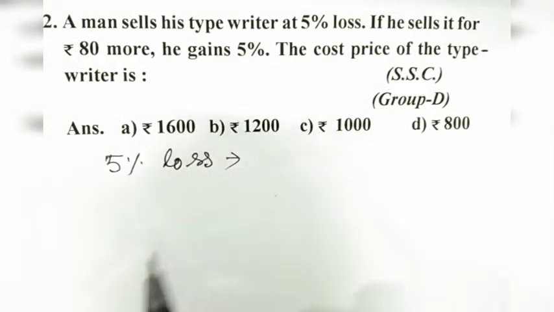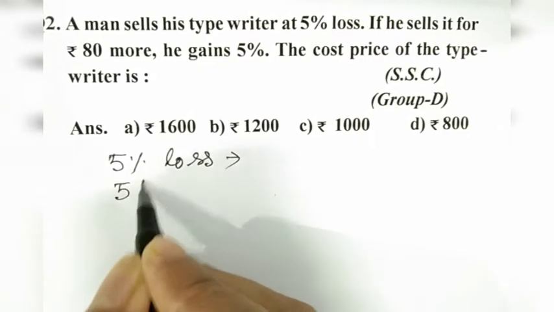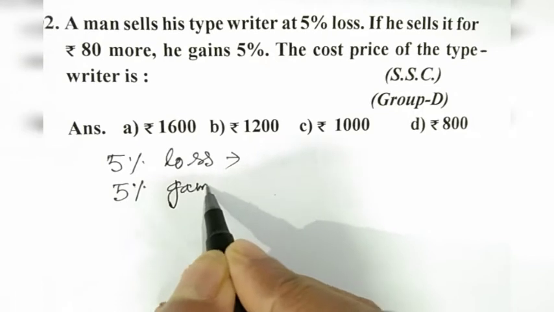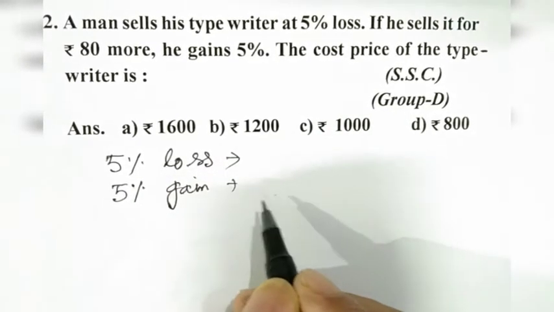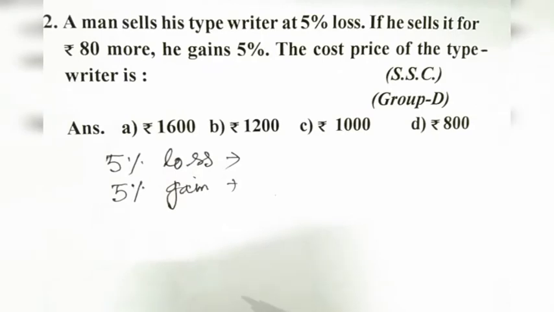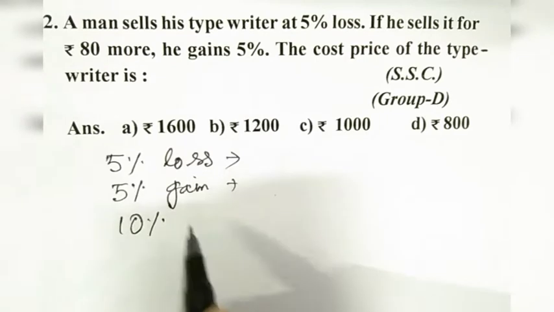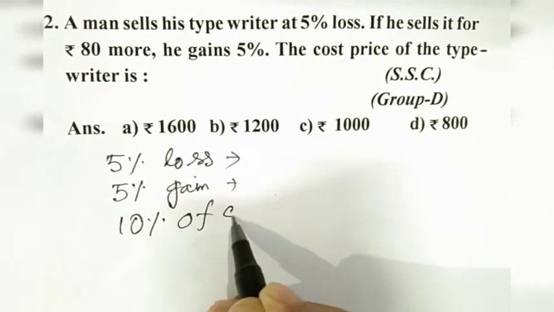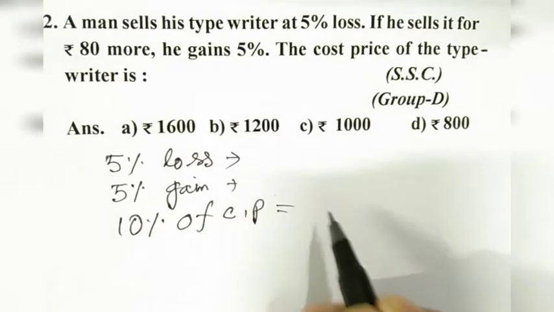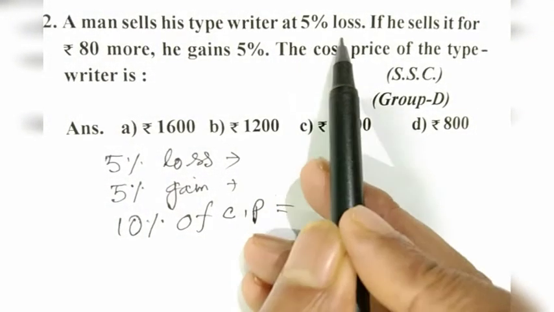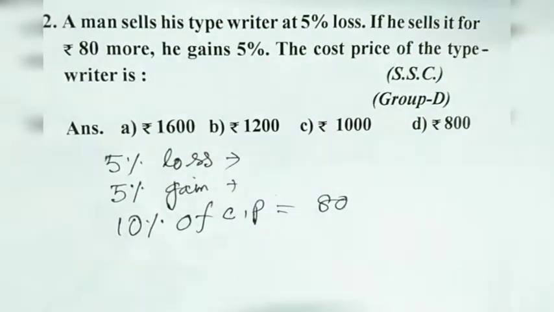Then he gains 5%. It is also upon cost price. Then we can say 10% of cost price is rupees 80. But why? Because rupees 80 changes his 5% loss to 5% gain.